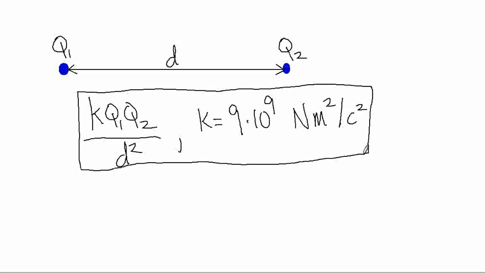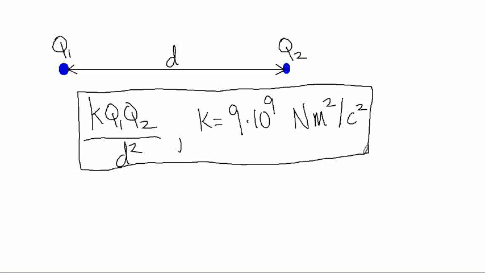Now, I'm going to do some examples using Coulomb's law, but let me make a comment about the sign of the answer. If you have the same type of charge, the product Q1 times Q2 will be positive.